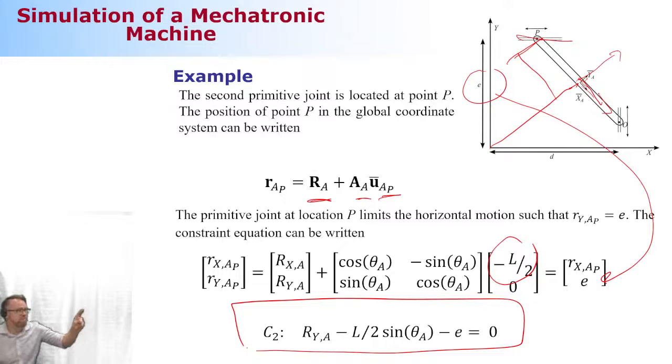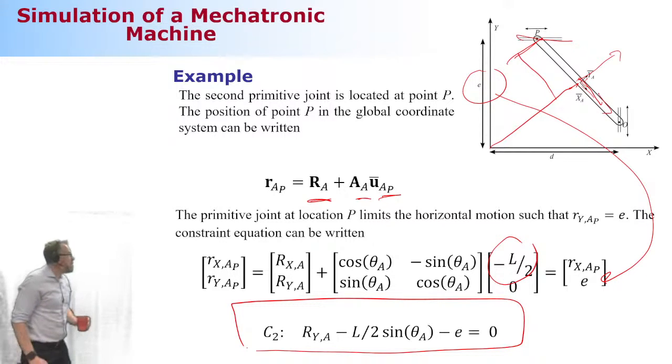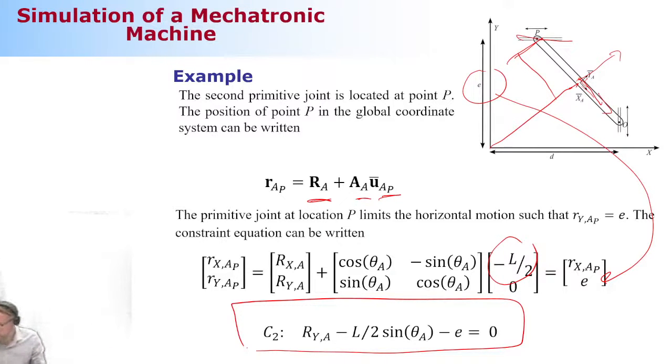Yes, sir. Oh, minus E, because the E here originally is on the right side of the equation, and I said let's move everything to the left side of the equation. So when you cross the equal sign, the sign is changed.